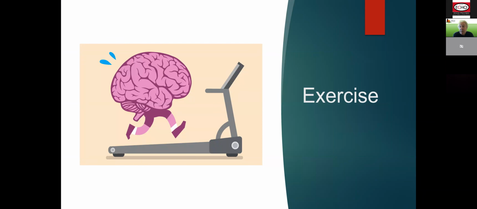Certainly exercise has been proven to slow the progression of Alzheimer's, and it's also preventive, particularly for vascular dementia, right? So if you exercise 30 minutes daily, you reduce your cardiovascular risk factor, such as vascular dementia or these mini strokes by 20%.